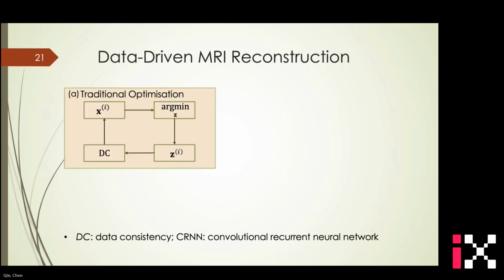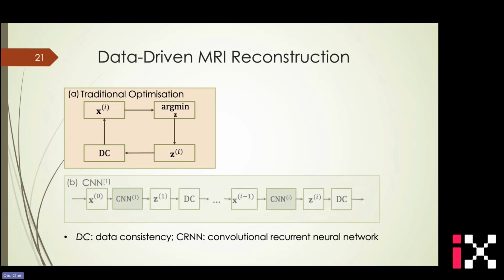Right, checking the time. So let's do a quick recap of what we just discussed. Our method is motivated by traditional optimization, and we propose to model it in CNNs in a cascaded way. But as you see here, is there any way that we could better model this iterative process, like the traditional optimizations?